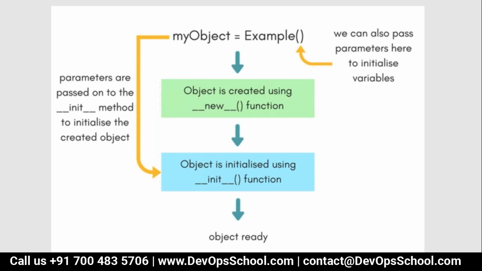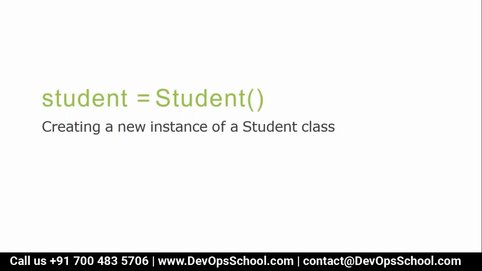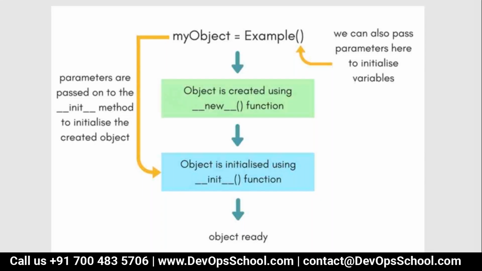Understand that? Whenever you write this line, two things are done. One is the new function, which you don't have to define, just understand how it has been implemented. The new function is used to create an object, and after that initialization is done through the init function. So two things run and then the object is ready.